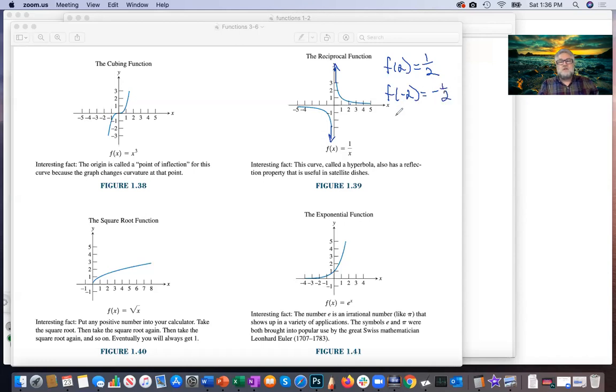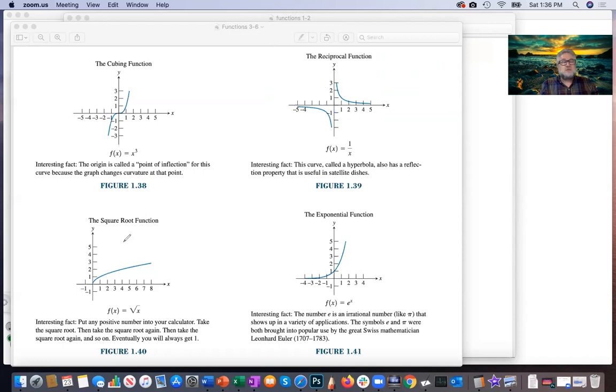So again, these are an odd function. And again, if I take this piece and I reflect it about the x-axis and stick it up here, now they're going to overlap, except for my terrible drawing. Okay? The reciprocal function, 1 over x, is an odd function.